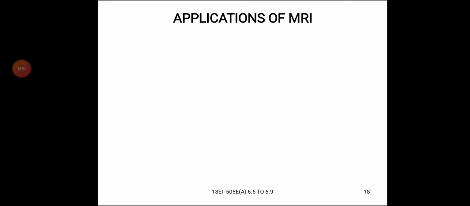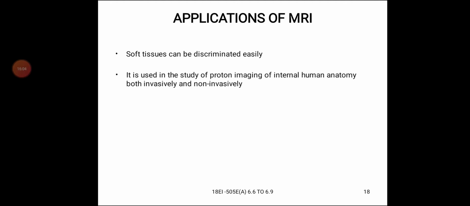Applications of MRI: soft tissues can be discriminated easily. It is used in the studies of proton imaging of internal human anatomy, both invasively and non-invasively.